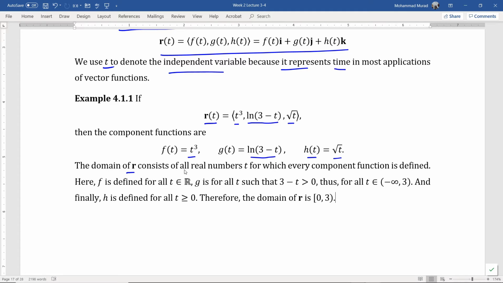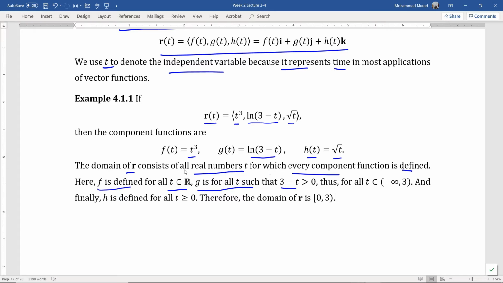The domain of the vector function R consists of all real numbers t for which every component function is defined. Here, f is defined for all real numbers. g is defined for all t such that 3 minus t is positive, because the natural log is defined for strictly positive real numbers.